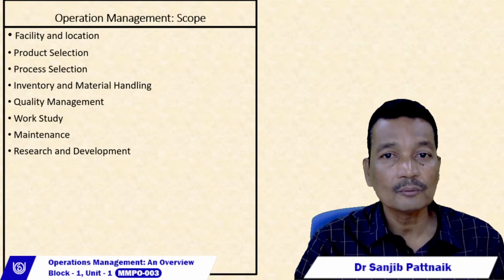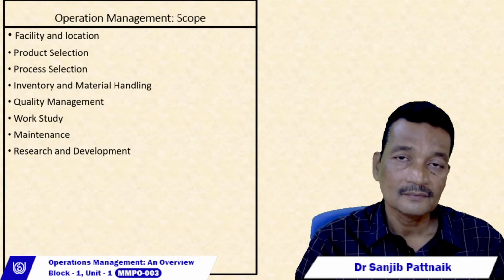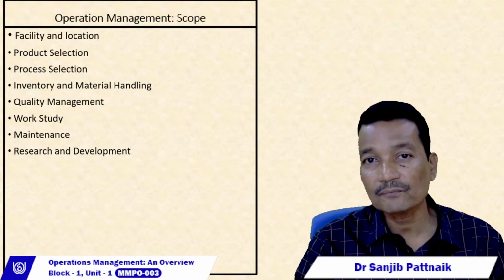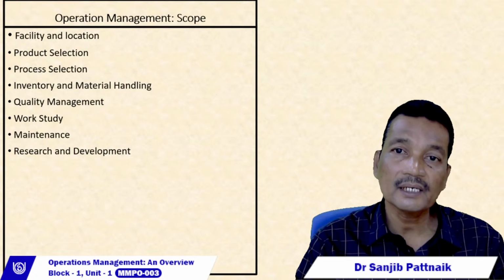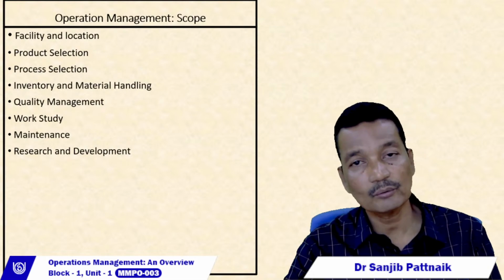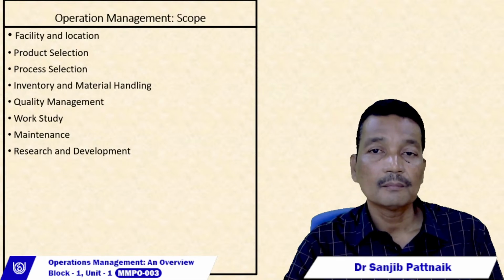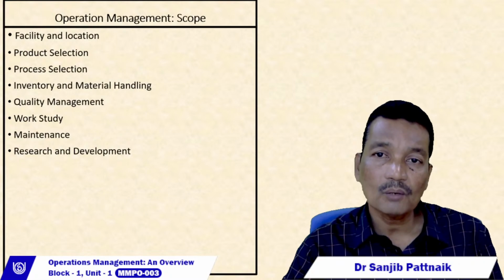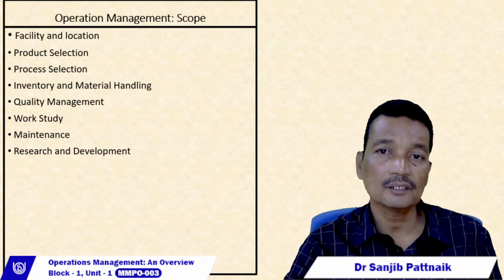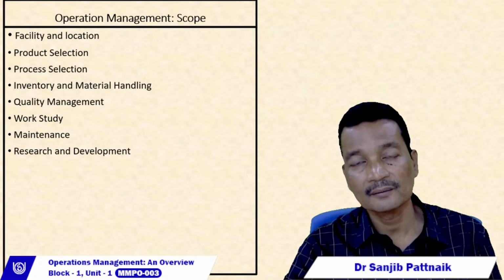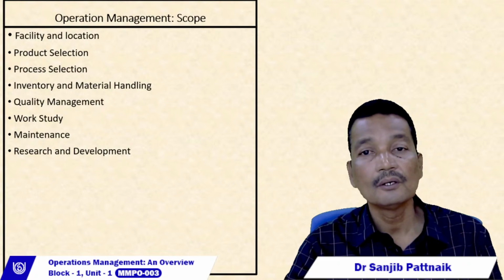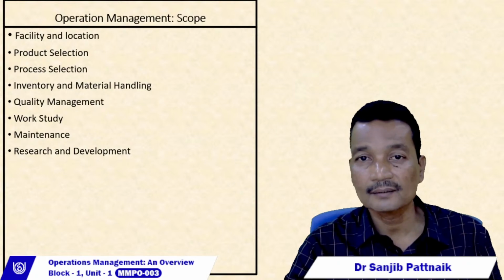Then we move on to product selection. We know that for each type of goods, we have different categories. Suppose a watch we want to purchase. The watchmakers here will be looking at what segment of customers they should be focusing on, because customers will be there who require watches costing above rupees 1 lakh.